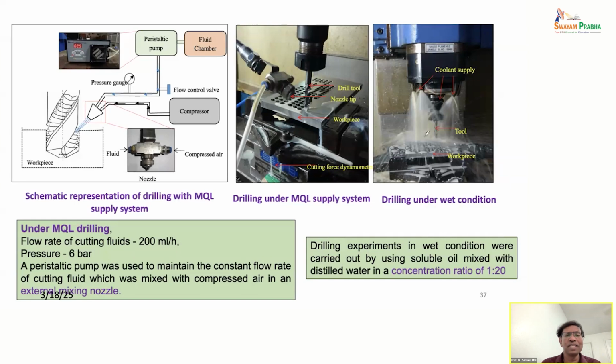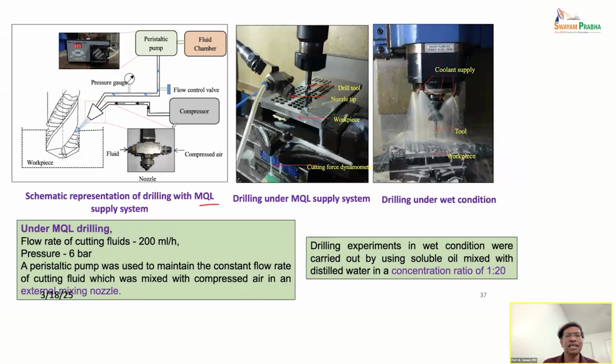But later, people try to decrease the use of the lubricant and also not to cause harm to the environment. So people started looking at different types of lubrication and also to make it more efficient. So the MQL, minimum quantity lubrication, is what we have used.